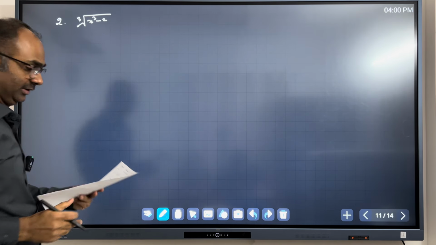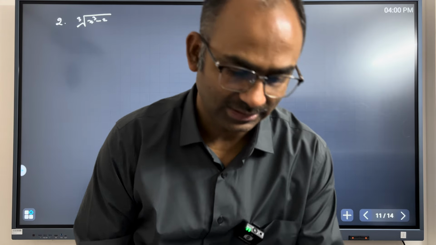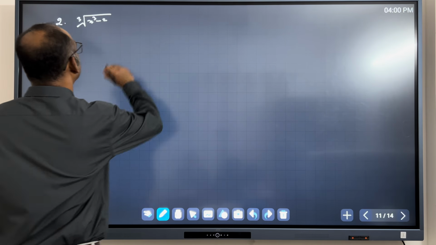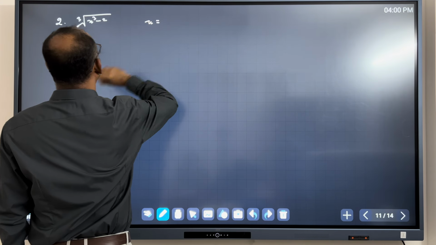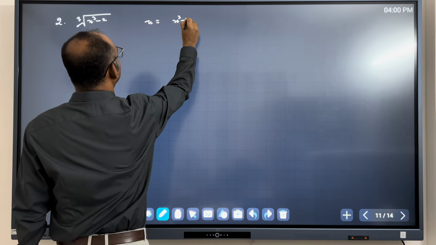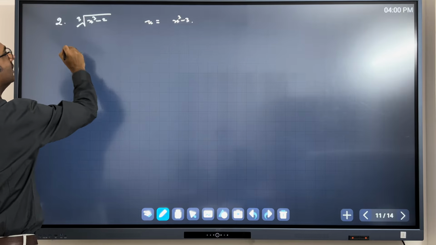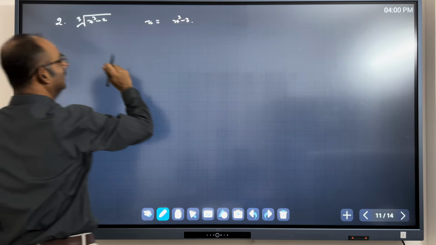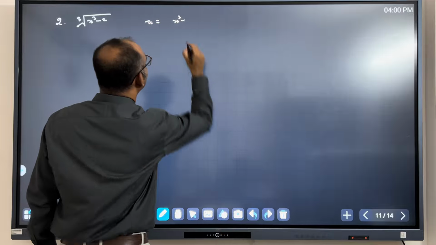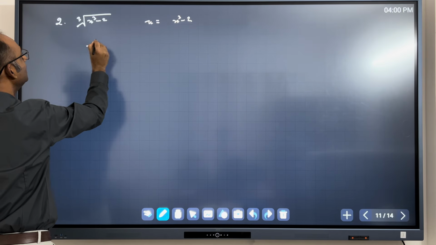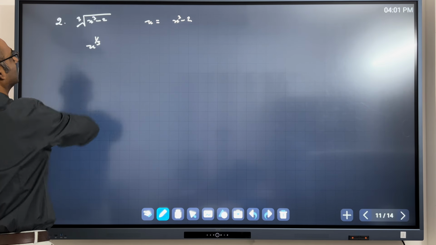Okay, that's the cube root of it. Okay, do it. Then we'll compare. So u I define to be x cube minus 2. So my function is, okay, it is basically u power 1 over 3. That's the function.